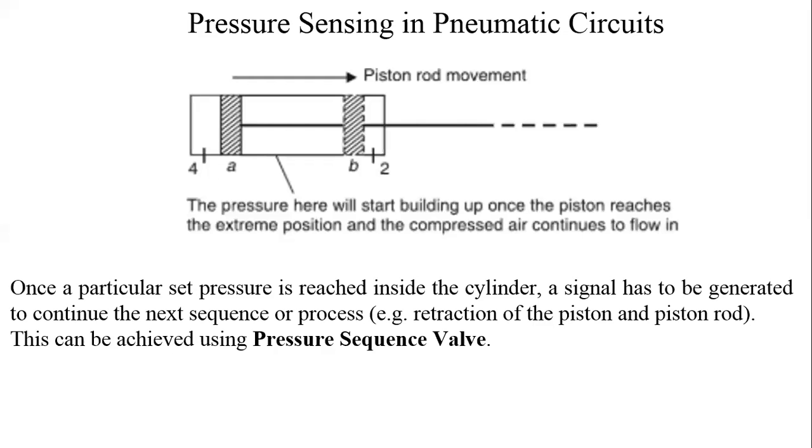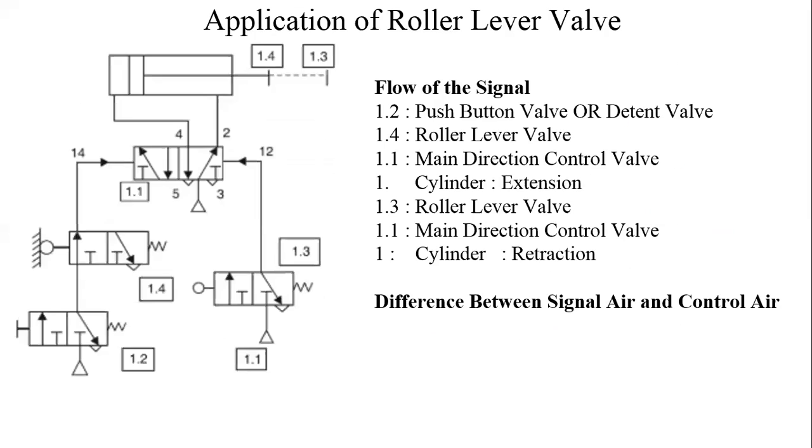Just because, see, just because cylinder rod has completed its extension doesn't mean that retraction stroke should be started. Retraction stroke should be started based on some signals inputs. Sometimes, which we are again going to see, which is again very interesting, sometimes it is also required that there is some time delay between end of the extension and beginning of the retraction.